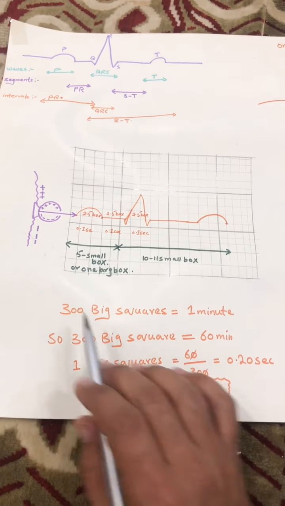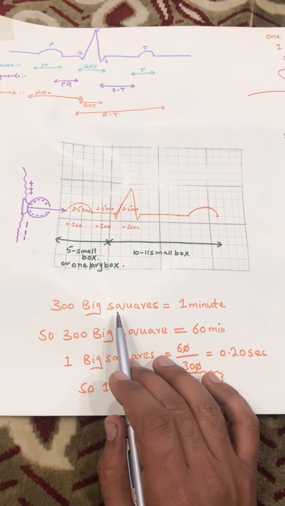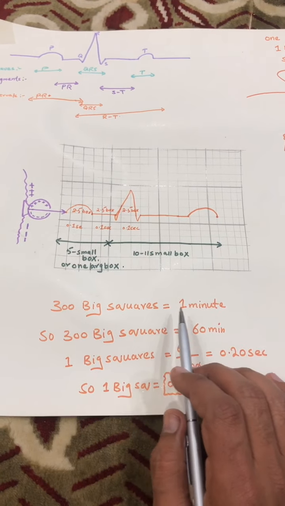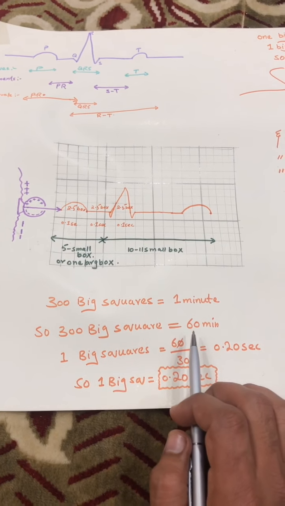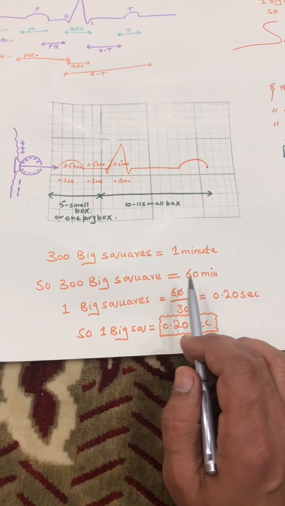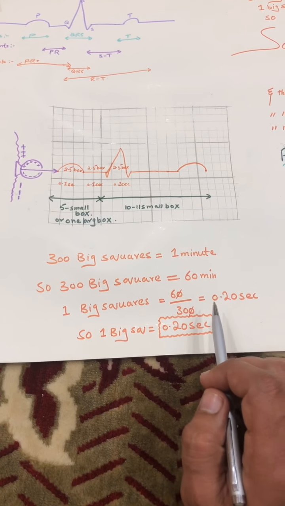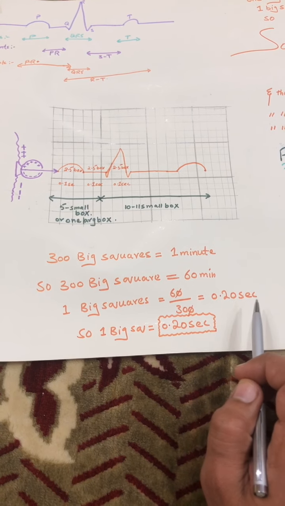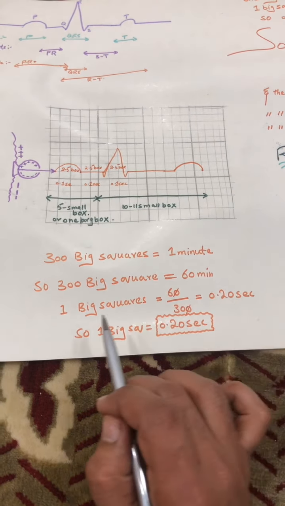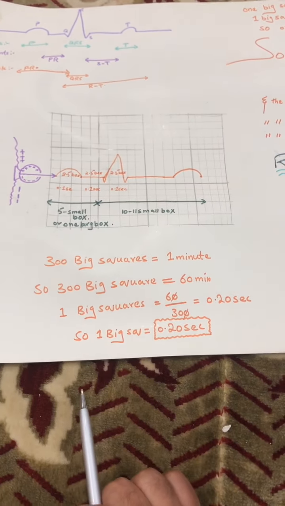As we know, 300 big squares pass under this needle in 1 minute. 1 minute is equal to 60 seconds, right? You can divide this 60 seconds by 300, which will be equal to 0.20 seconds. This is the time taken by one big square to pass under this needle.